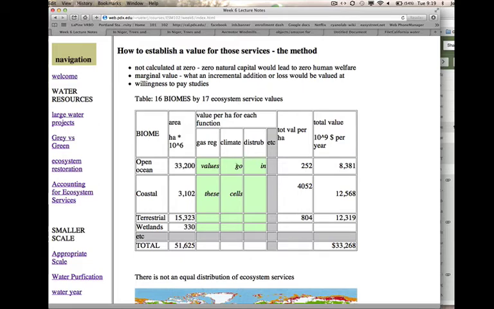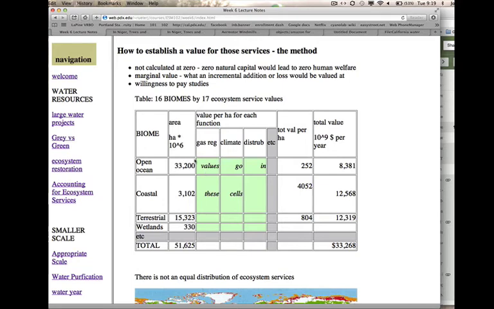What's the dollar value for climate regulation, based on the efficiency of the open ocean to regulate gas? So these values go in here, and the references are at the bottom of this page, and you can look up this table. It's really a large table if you have 16 biomes and 17 ecosystem services. I'm only showing you 4 biomes and 3 of them, just for the purposes of how they calculated it.